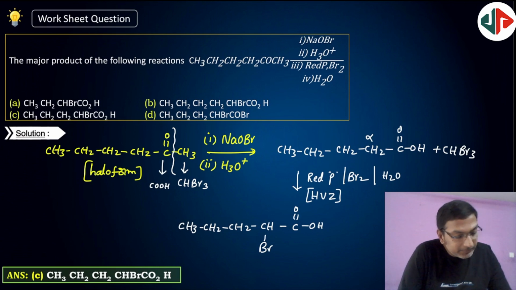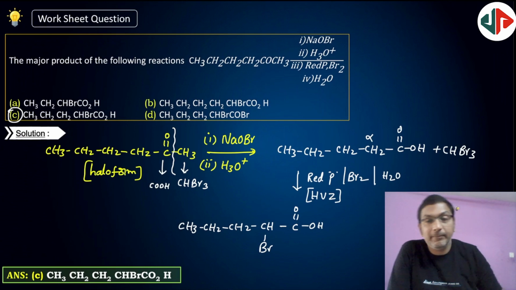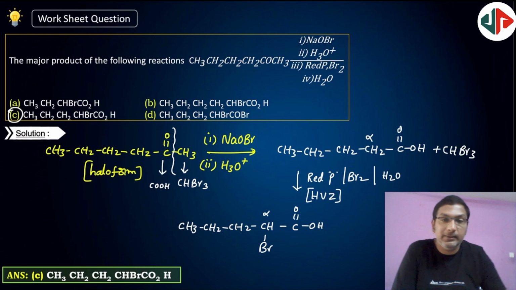Check the compound. Option C, CH3 CH2 CH2 CHBr and COOH. At the alpha position, halogen will be substituted. These two are famous reactions. First one, haloform reaction. Next, HVZ reaction.